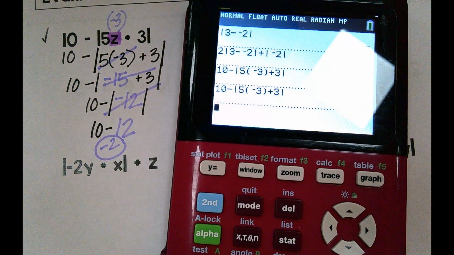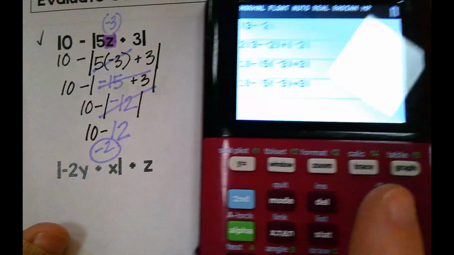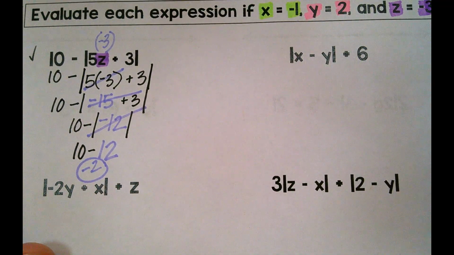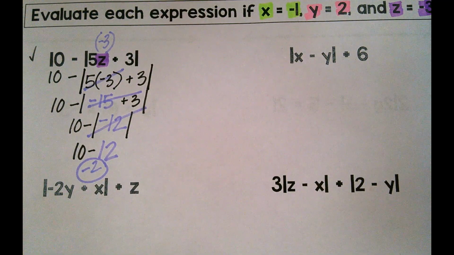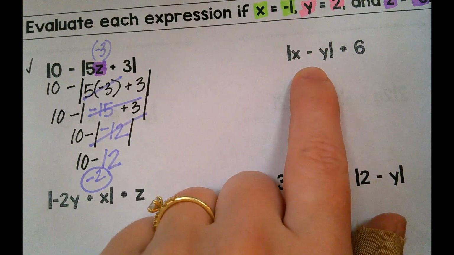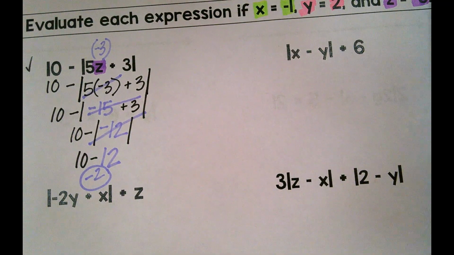I do have a question, but it's about the next one. Plus three, yeah, I got a positive. When I put +6 in the calculator after the absolute value, it gives me an error. Can I see how you have it typed?